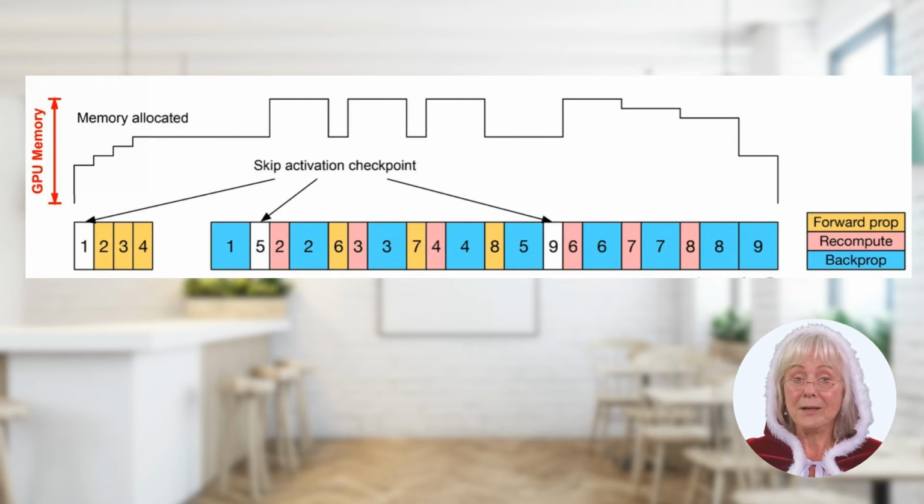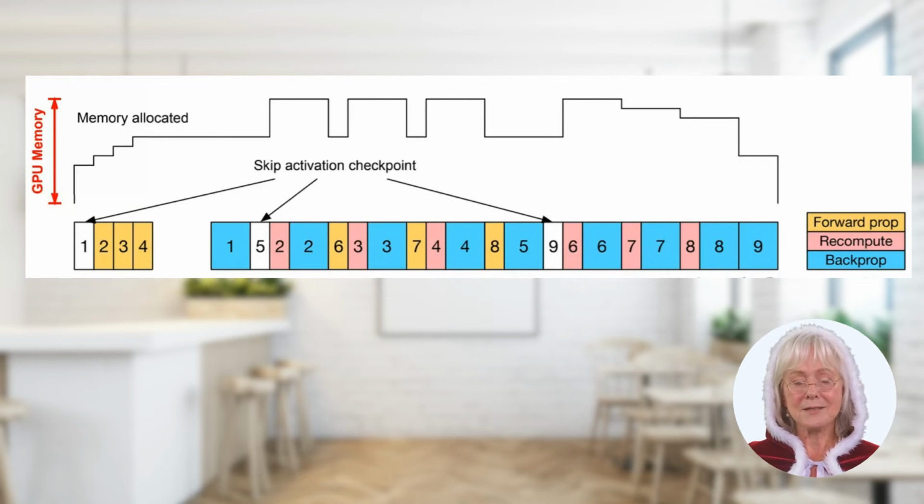To save memory, Megatron-LM uses activation checkpointing. Instead of storing all the activations, it only stores a few and recomputes the others when needed during the backward pass. It's a bit like not writing down every step of a math problem, but remembering enough so you can quickly redo the steps if needed. This way, it significantly reduces the memory footprint.